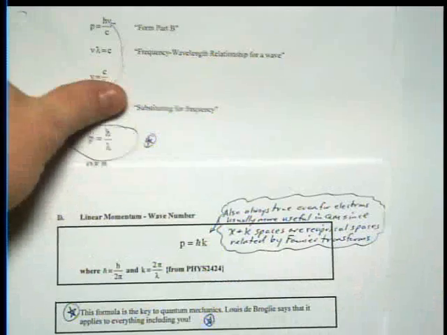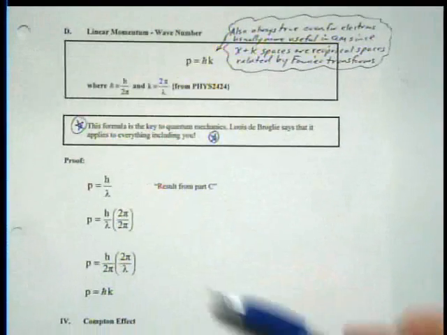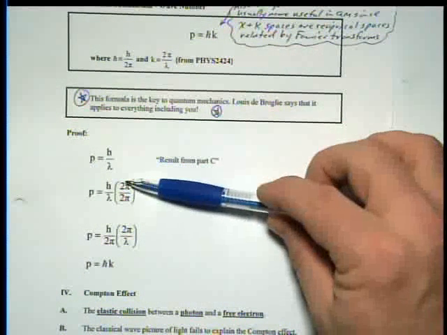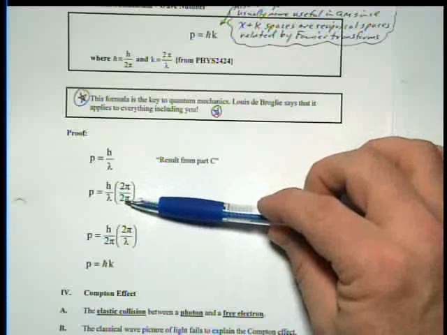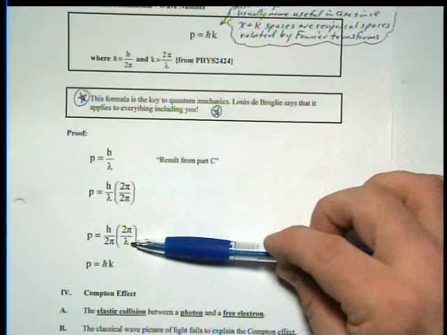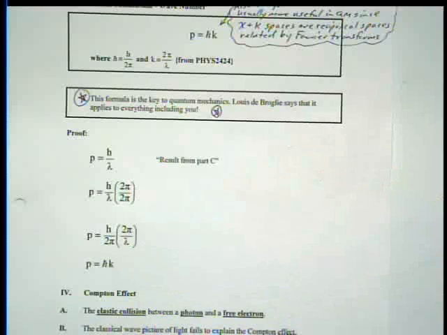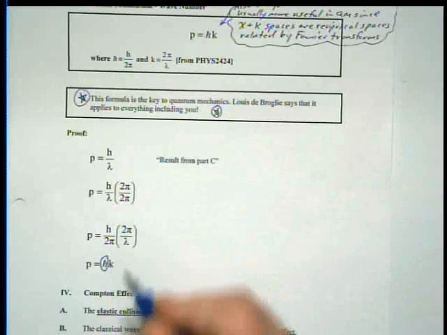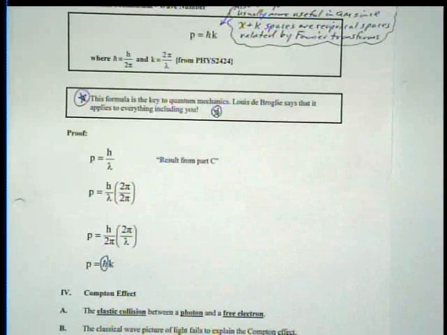And if you do a little manipulation, as I've done here in a series of steps, you can say, okay, I'll multiply by 2 pi on the top, multiply by 2 pi on the bottom. 2 pi over lambda, that's k. H over 2 pi, I'm going to give it a new name. H bar. It's still a constant. It's Planck's constant divided by 2 pi.